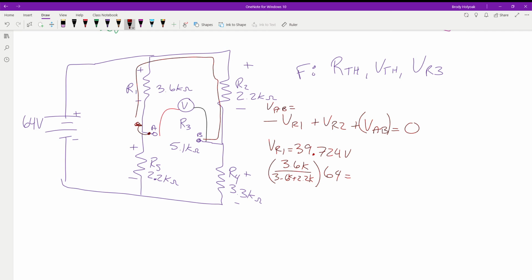This is one of the biggest formulas we use next to Ohm's law, until we hit AC. Okay, is that the same value we're getting? Okay. So we have a 39.724 volts across this guy. So let's plug that into our equation here. So we have a negative 39.724.